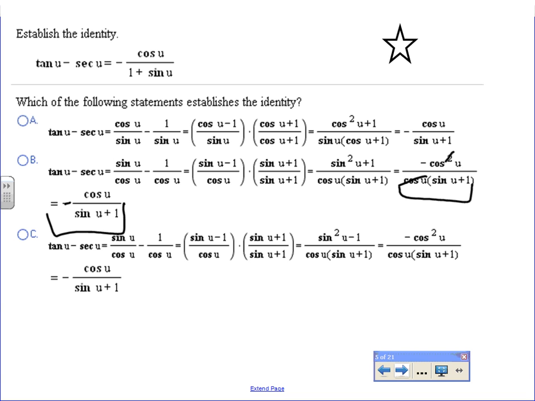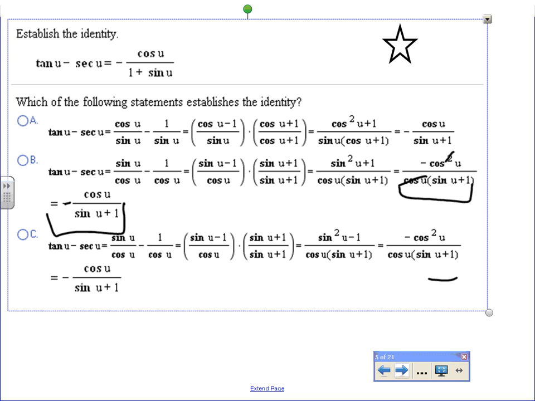Now, on part C, notice it's basically the same thing that they did in A, which did look like it made maybe a lot of sense here. This time they had sine squared minus 1. Now that one does, I'm sorry, okay, I'm looking at the wrong step. Let me back up here.